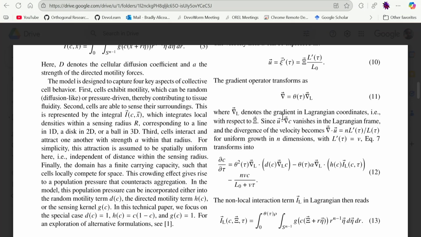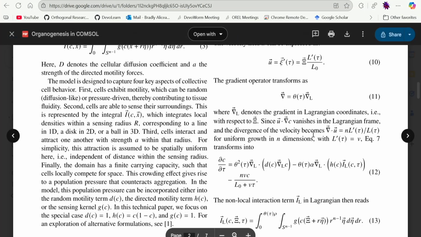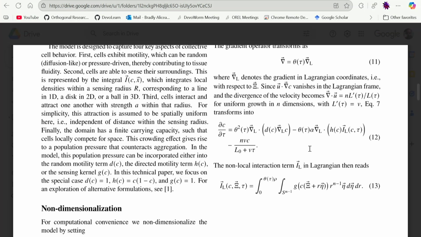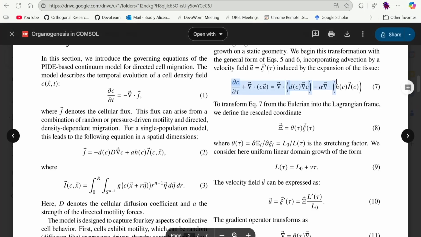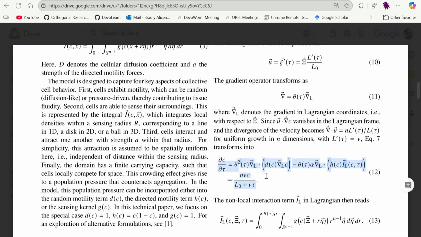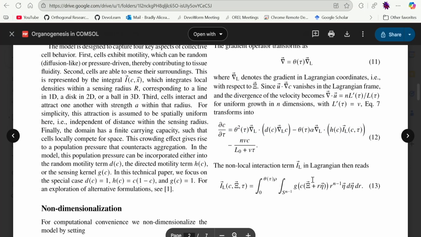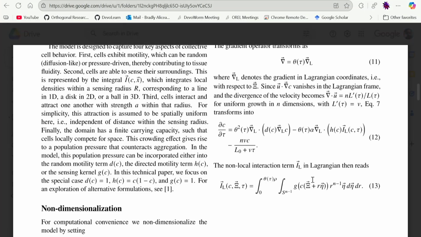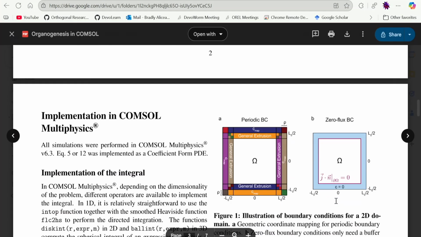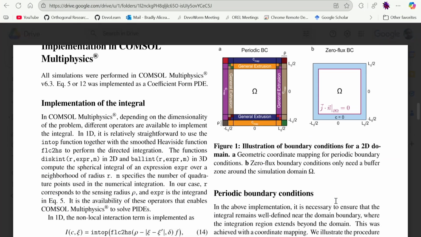Since u vector times the directional gradient vanishes in the Lagrangian frame, and the divergence of the velocity becomes a velocity vector for uniform growth, equation 7, which is up here, transforms into this, number 12. The non-local interaction term, I vector L in Lagrangian, then reads this. Kind of walk through that. Okay, so that's the mathematics.